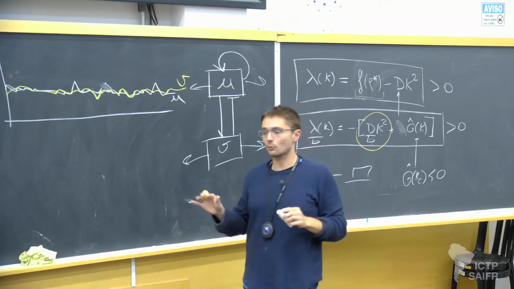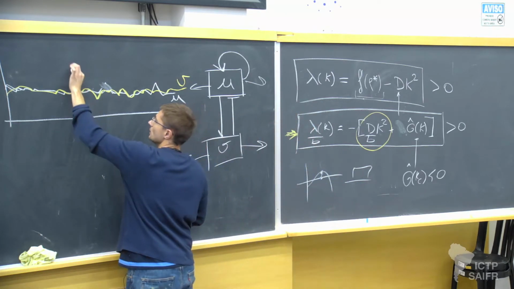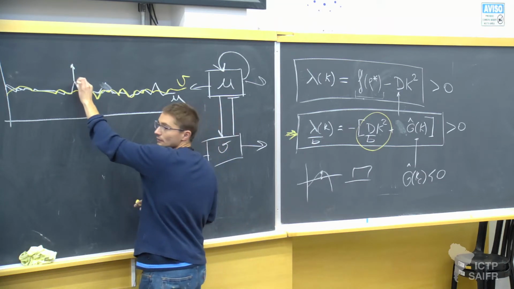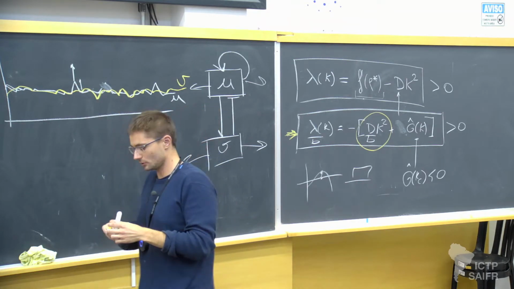The idea is that whenever we have a profile like this, because U activates itself and also activates V, in these places we have the production of both the activator and the inhibitor.